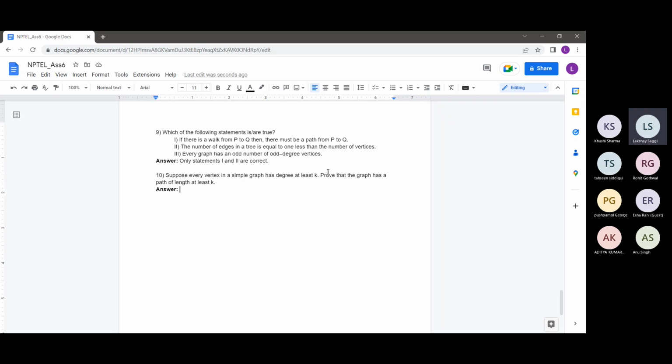This question is asking us that if the degree of all of the vertices of that graph is at least k, then that graph will have a path of length at least k. And what is the length of a path, guys? The length of a path is the number of edges in that path. I think it's already known, but I'll just write it down.